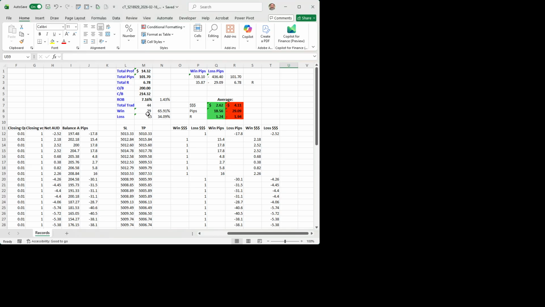We're sitting on 44 trades, 29 wins, 15 losses, $2.62 profit, minus $4.11 to the downside, and then we've got 18 pips average win, lost 29 pips, which is 1.2R versus 1.94R. Again, trying to get out of those negatives quicker, but there was a few shorts there early on that probably were not supportive of the game.